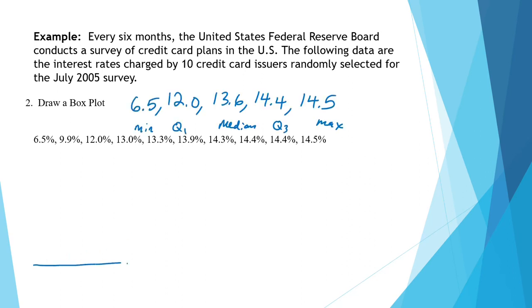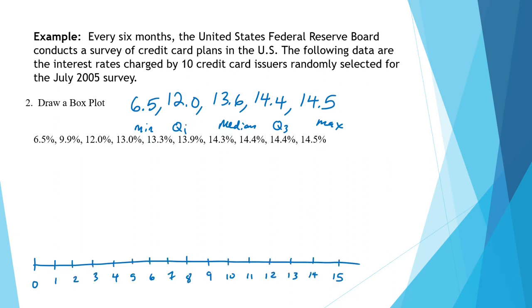To draw our box plot, we need the 5-number summary. I'm going to draw a line along the horizontal axis, and we'll have our scale. I'm just going to go from 0 to 15 to include all of our data values. The first thing we need to draw is Q1, the median, and Q3. Q1 is 12, so I'm going to draw a vertical line at 12.